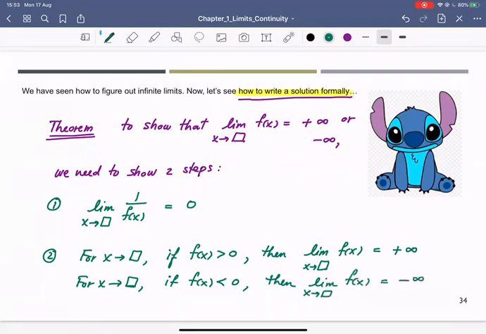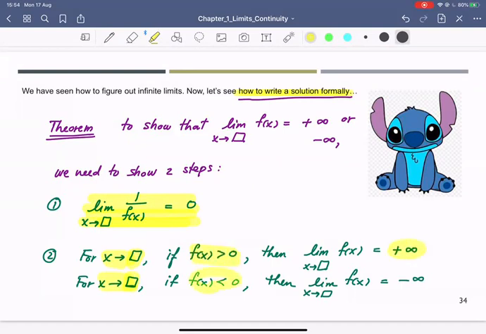negative infinity. Well, the key idea here is we're going to show first that the limit of 1 over f(x) is equal to 0. And then after that, we're going to look at the behavior near the box here. If near the box you know that f(x) is positive, you're going to answer plus infinity.